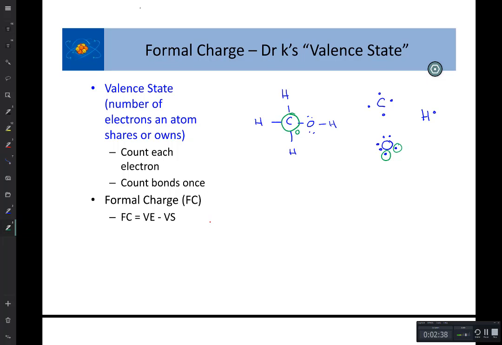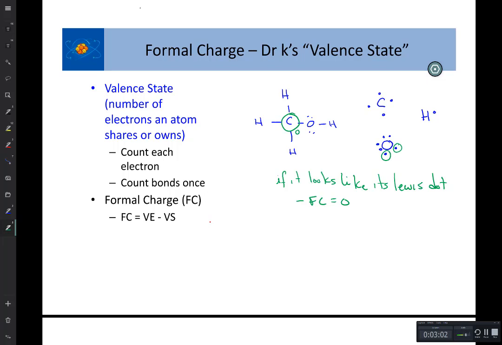Here's the rule: if it looks like its Lewis dot, the formal charge is equal to 0.